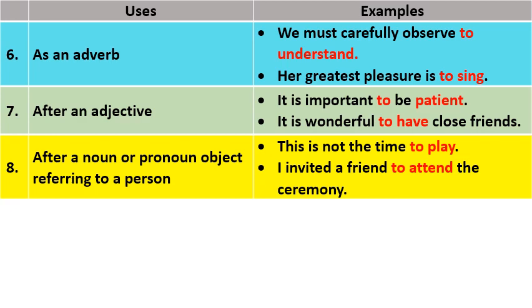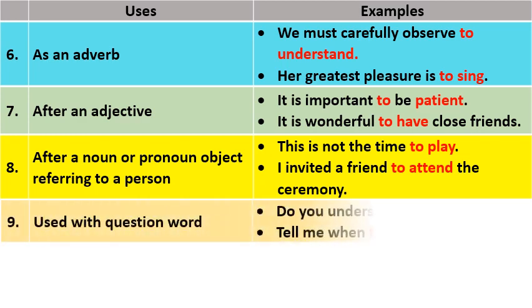For example, this is not the time to play. I invited a friend to attend the ceremony. So again, it is used after a noun or pronoun object referring to a person.